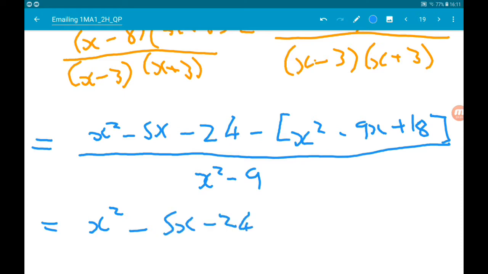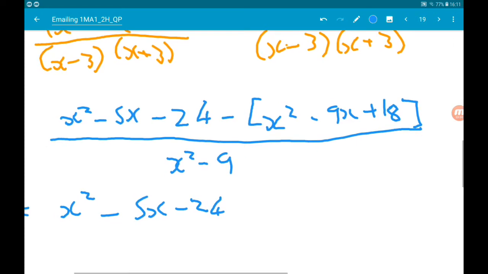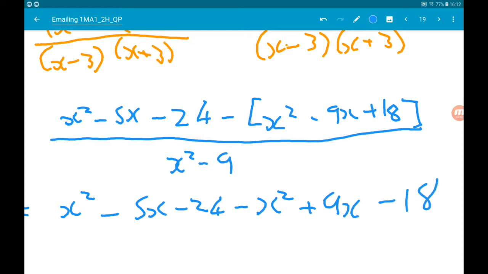Now, everything inside the big square brackets is being multiplied by minus 1. So we got minus x squared, minus 9x, so that's add 9x, and minus 18, all over x squared minus 9.